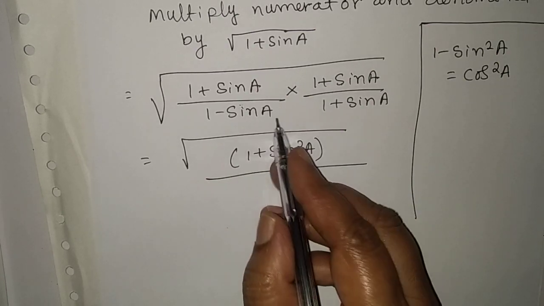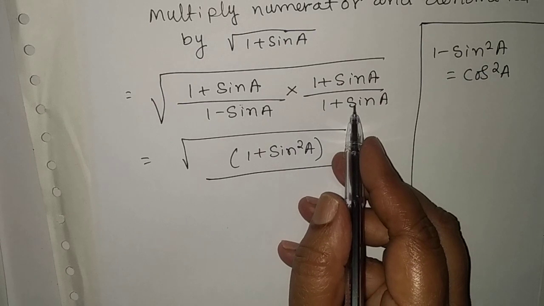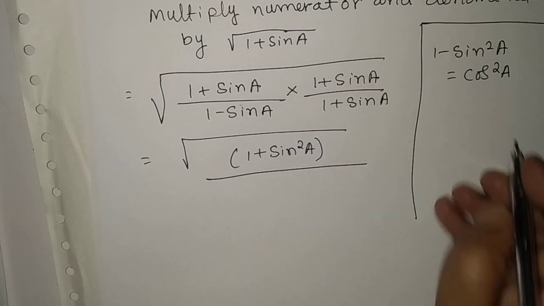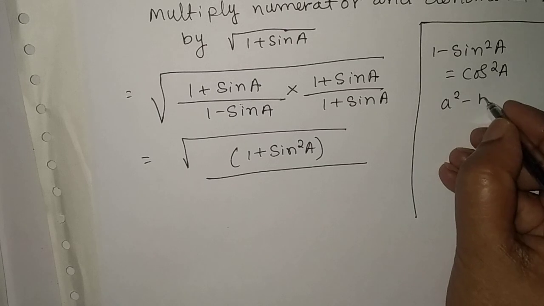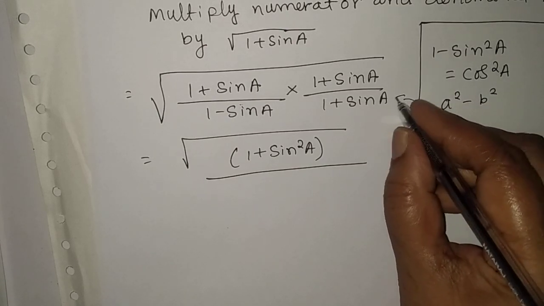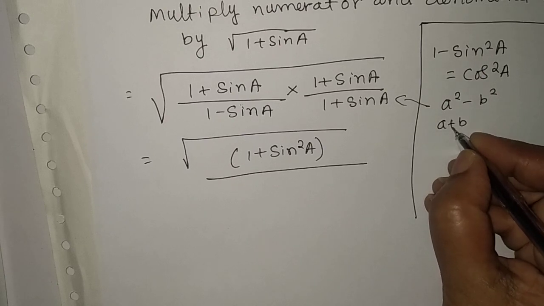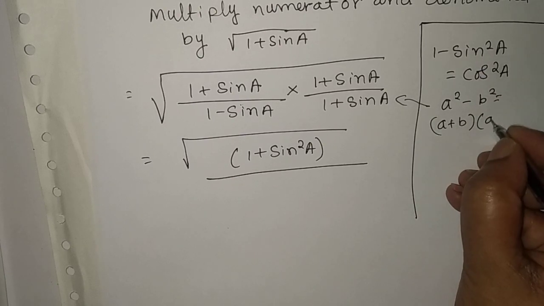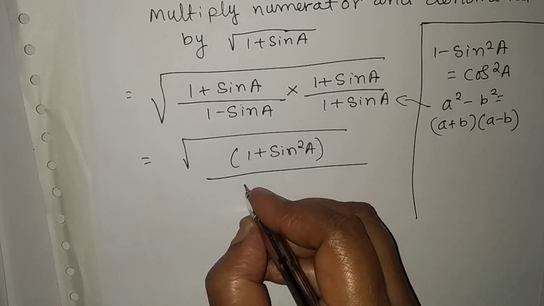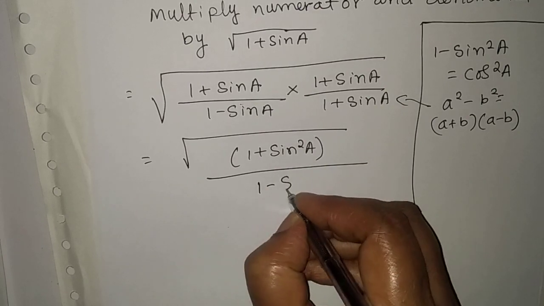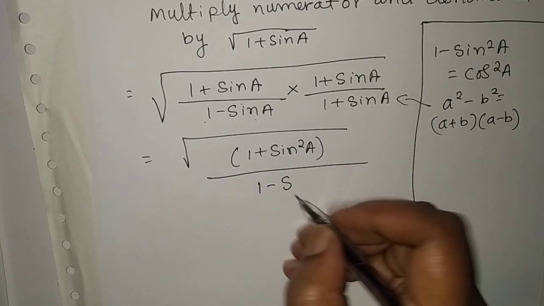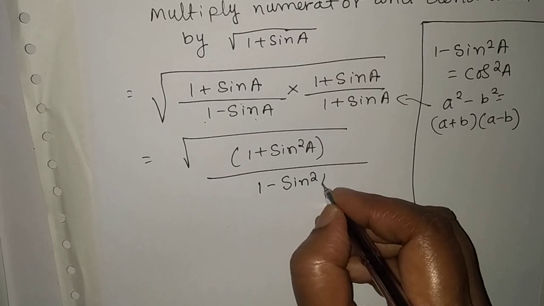In the denominator, as we know, A square minus B square, that is A minus B into A plus B. Apply this for the denominator. Then we will get 1 minus, consider this one as A and this one as B, 1 minus sin square A.